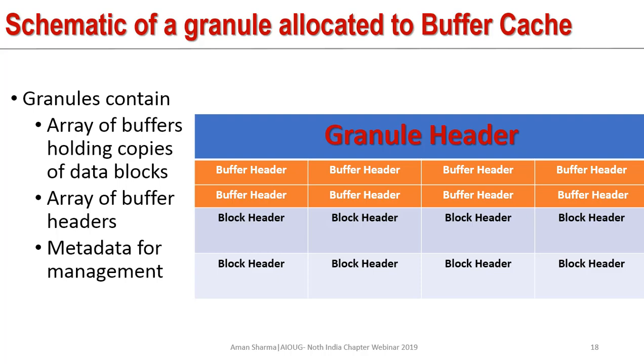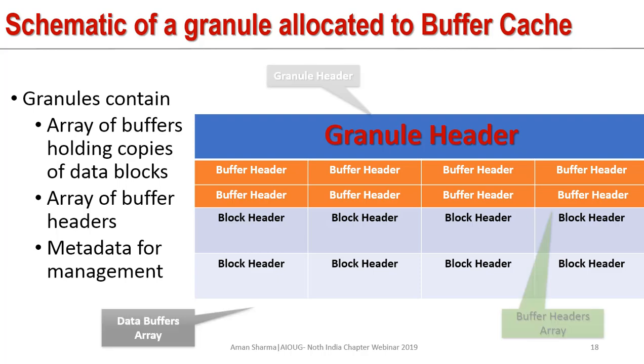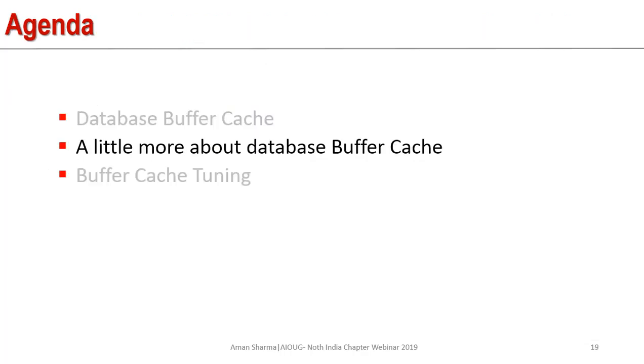So what a granule does is hold the arrays of the buffers for your data blocks, and those buffer header arrays are used by the system to decide whether a buffer is a hot buffer or a cold buffer and so forth, and all the linked lists in the buffer cache are comprised of these buffer headers. So you can see the information here. There is a header for the granule, and for that header of the granule we are going to have a couple of buffer headers and data buffer arrays available to us.